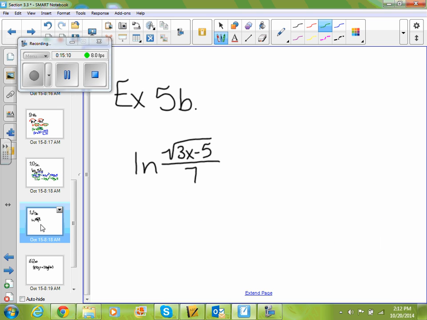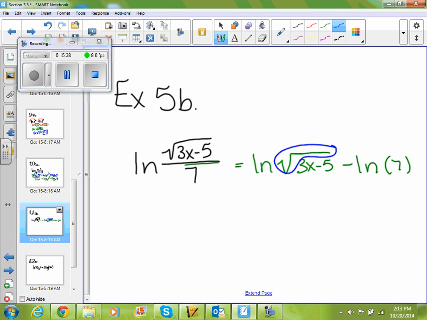Alright, if we look at natural log of the square root of 3x minus 5, all divided by 7, we know that division actually equates to subtraction, so we're going to have the natural log of the square root of 3x minus 5 minus natural log of 7. Then I know that the square root is the same thing as having an exponent of 1/2.